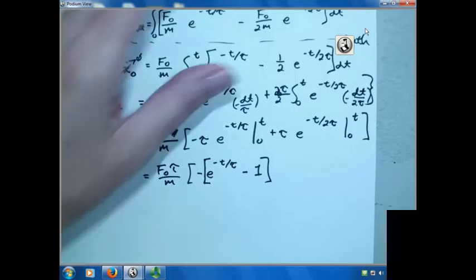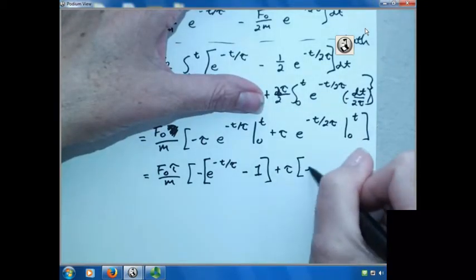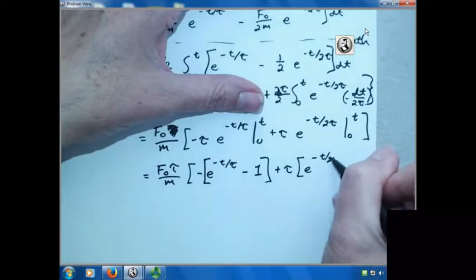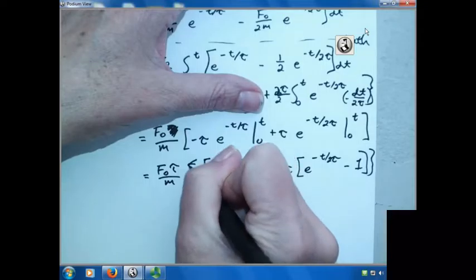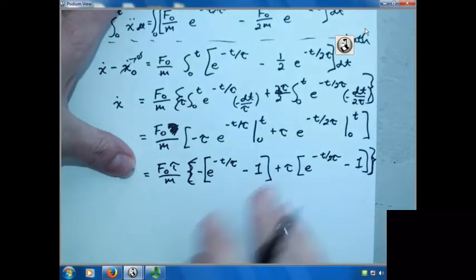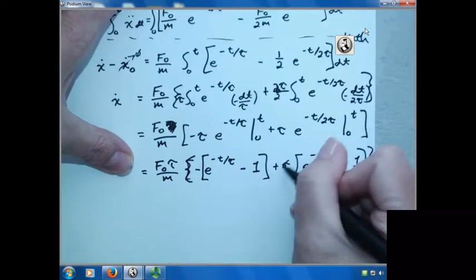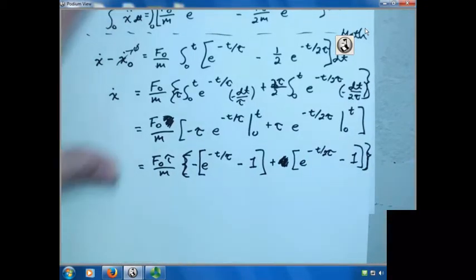Okay. So then I've got plus tau times e to the minus t over 2 tau minus 1. Got to change that front one to a curly bracket because I use the square brackets later. I don't need that second tau now.